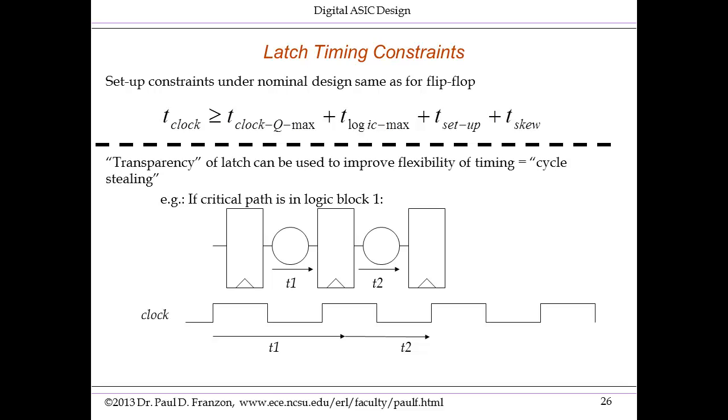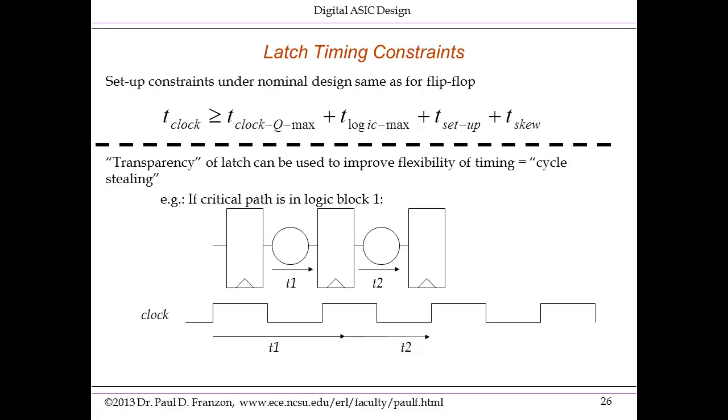Here we have 3 registers. There's 2 pipeline stages, T1 on the first set of logic, T2 on the second set of logic. Notice that the delay T1 is longer than the clock period. That is, the D input of this second latch is now changing during the transparency period and the Q output changing T D to Q later.